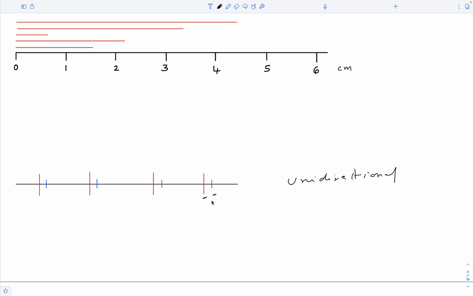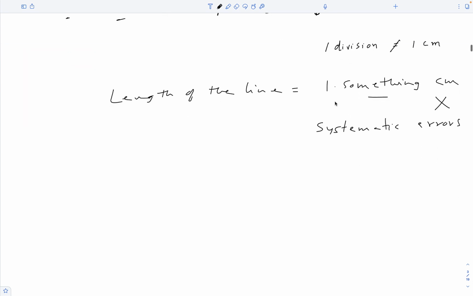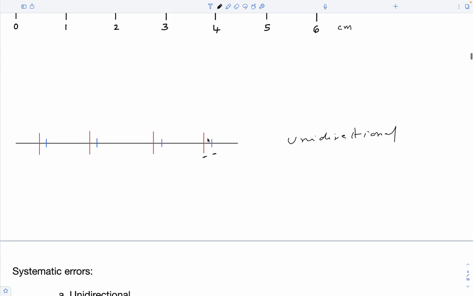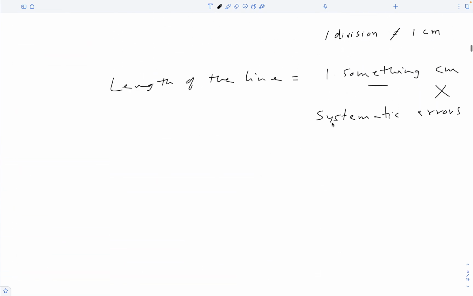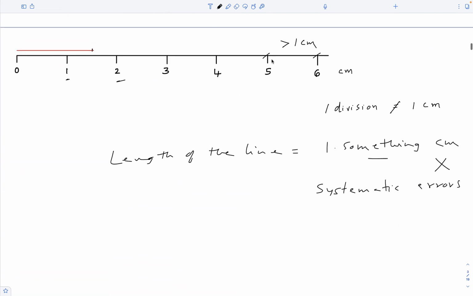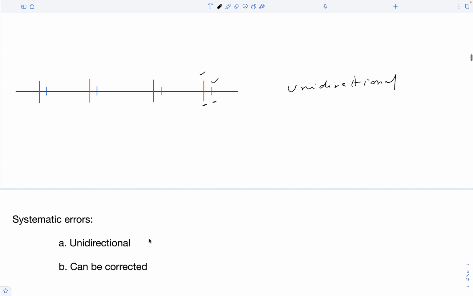And they can also be corrected. Once we know the actual length of each division, we can apply a correction to each of these measurements to obtain their actual values. So what are systematic errors? They are errors in measurement that are caused by defects in the measuring device, and they are unidirectional and they can be corrected.